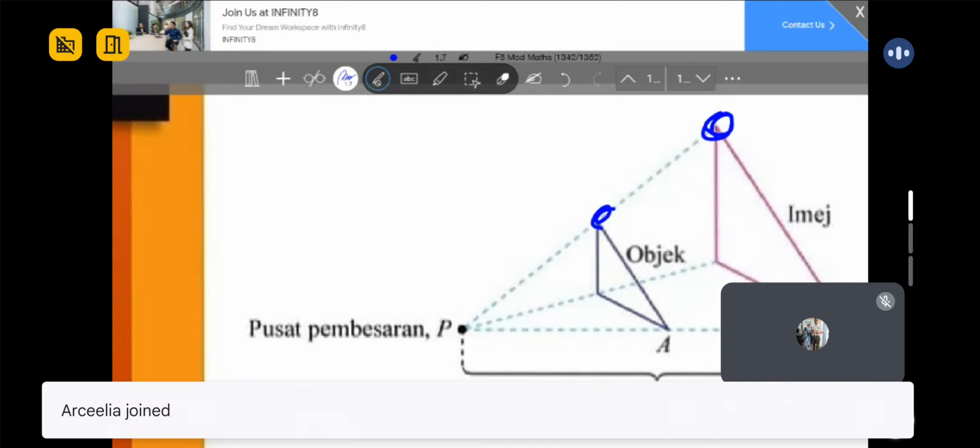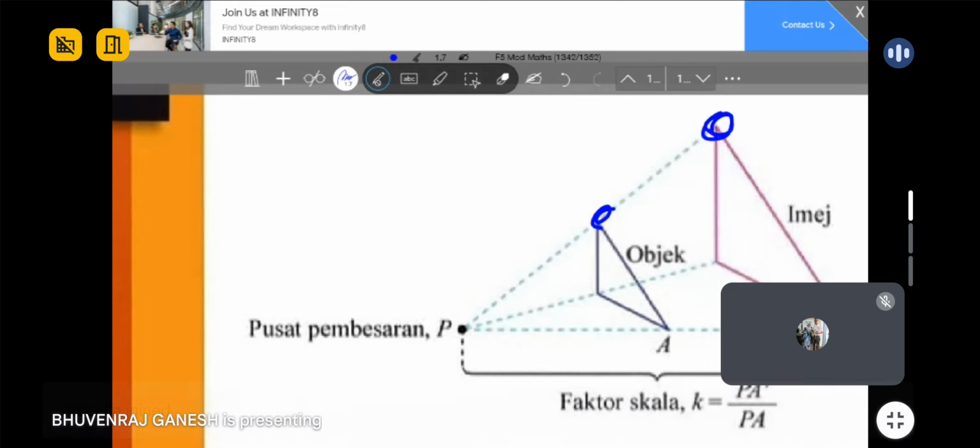One more question you might ask: why is the line dotted? Mengapa garis dia putus-putus? Actually, in exam, you can draw a straight line if you want. Kamu boleh lukis garis solid dalam exam for enlargement. Tapi kalau nak nampak jelas, then you draw dotted.